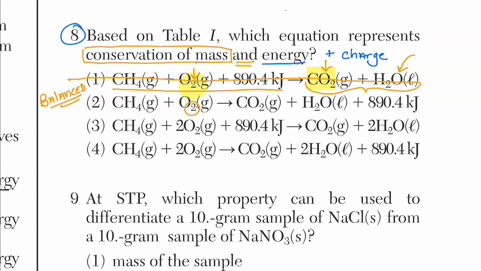Look at number 2. We've got 2 oxygens on the reactant side, to the left of the arrow. Okay, you've got to know that to the left of the arrow is your reactant side. On your product side, to the right of the arrow, let's count oxygens. We have 2 on the reactant side.